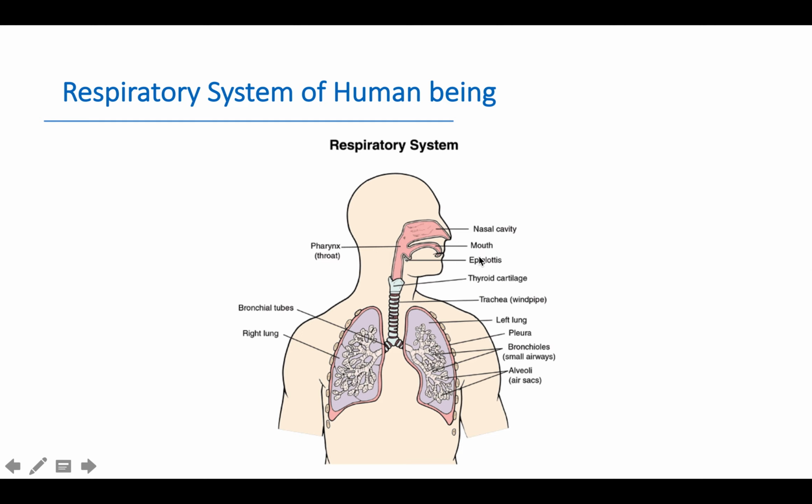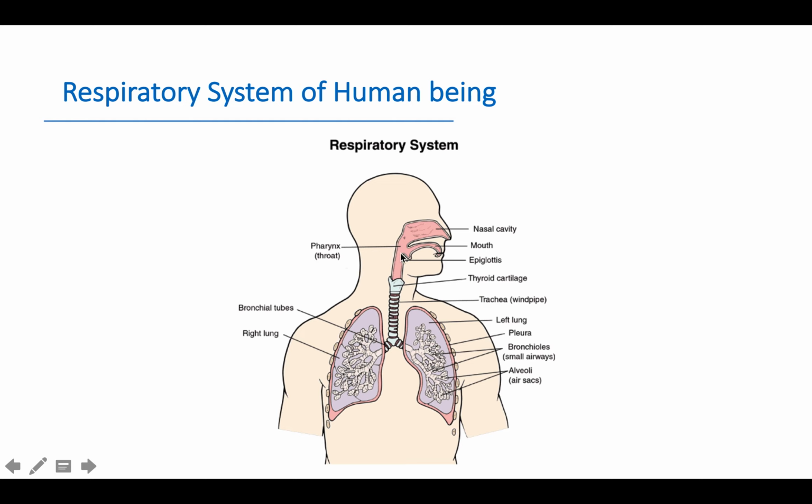Now you can see that here is the nose present at our face having two openings which lead to the nasal passages. These nasal passages reach to the common passage called pharynx. This pharynx has an opening for the air tube.